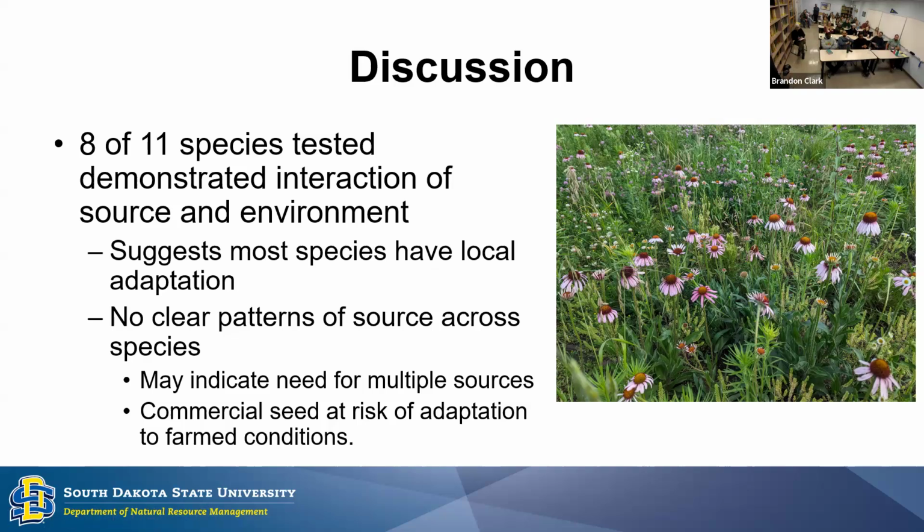So with getting the seed from commercial providers, we don't know what, if any, their storage conditions were. And since we're getting those sources across all temperature treatments, we assume, instead of trying to doubly apply some things that may have already occurred, that we just keep those sources as they are.